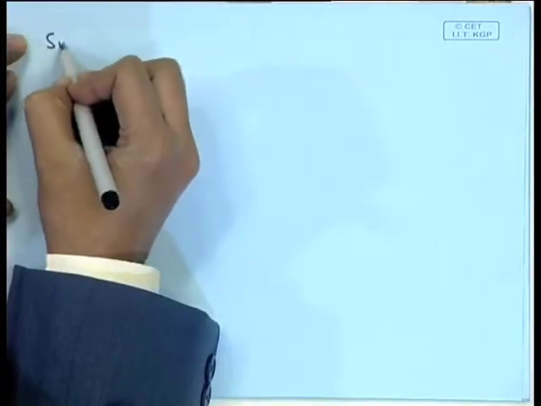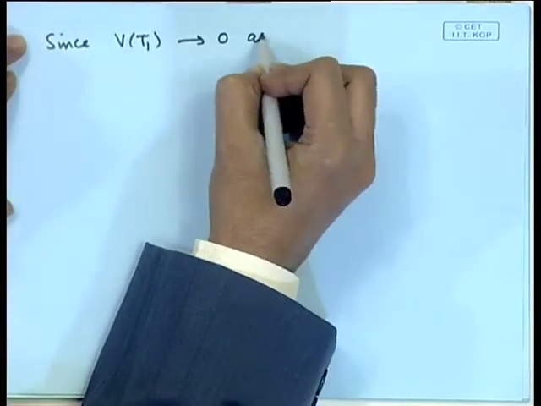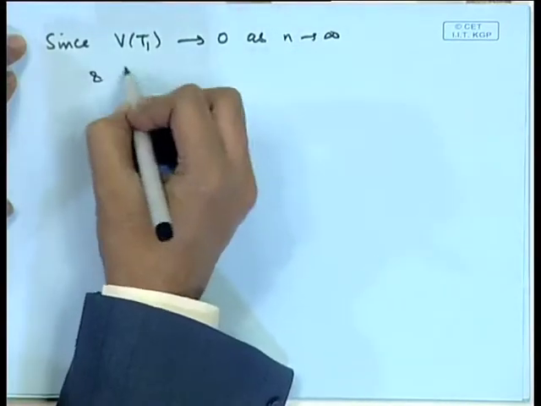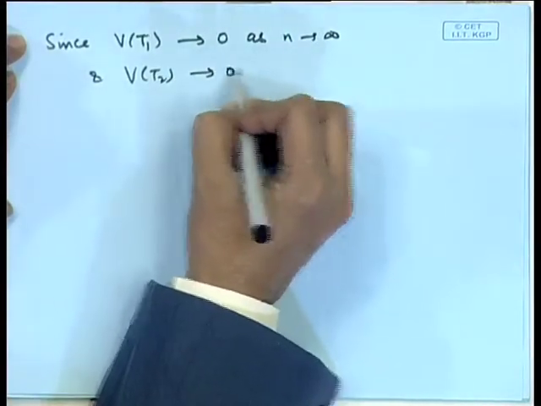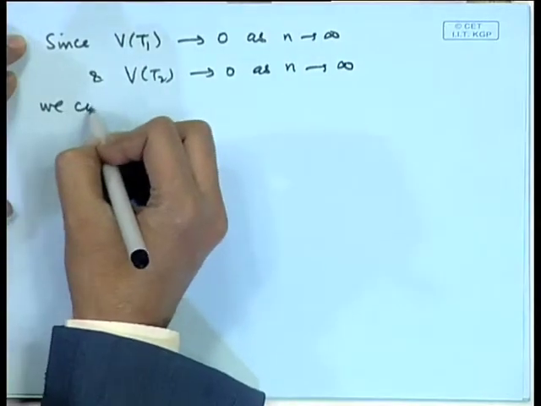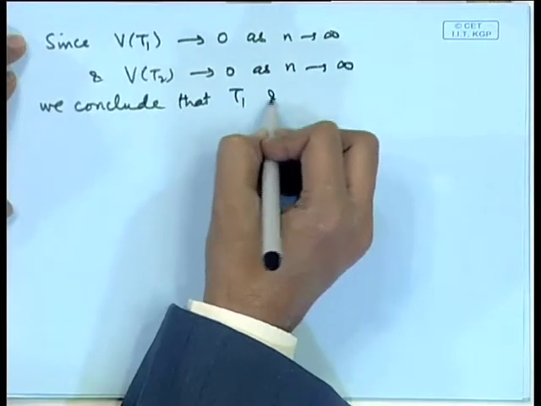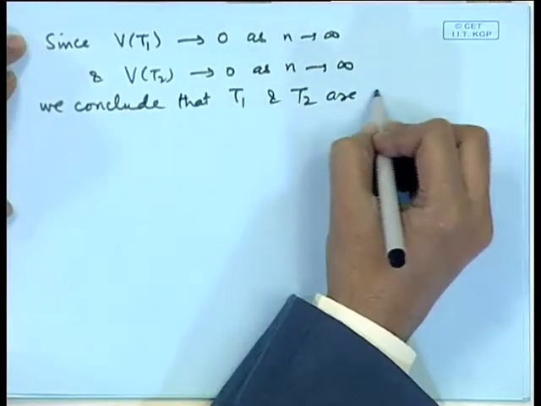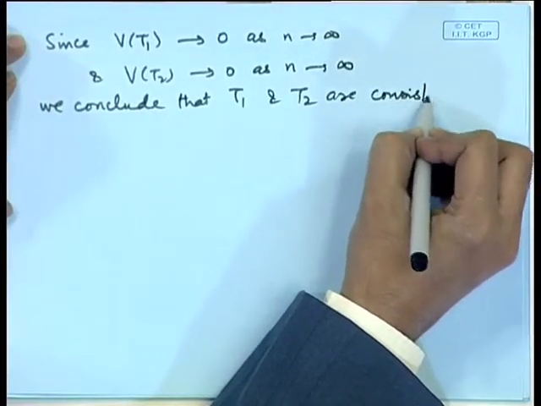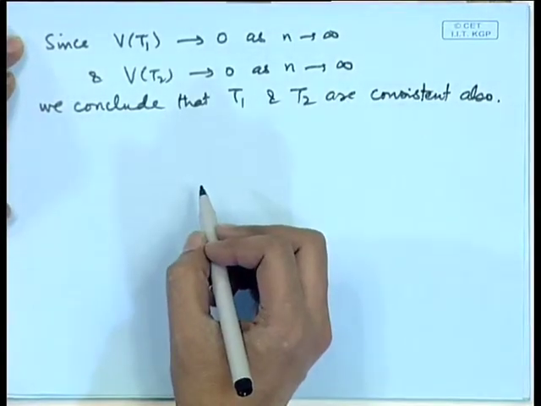So, since variance of T1 goes to 0 as n tends to infinity and variance of T2 goes to 0 as n tends to infinity, we conclude that T1 and T2 are consistent. So, we have two estimators, both of them are unbiased, both of them are consistent also.